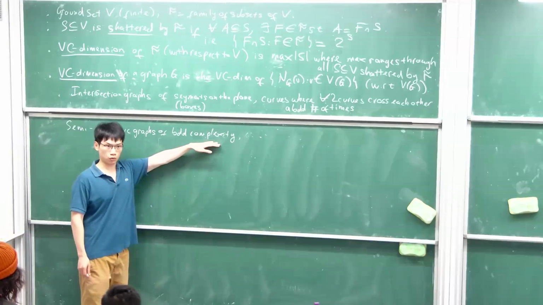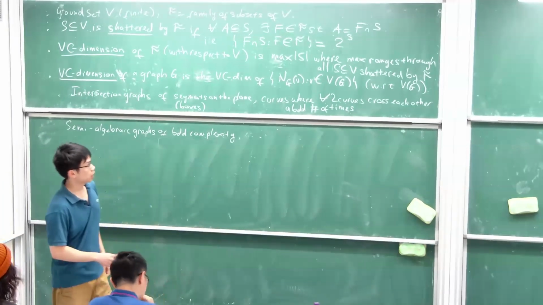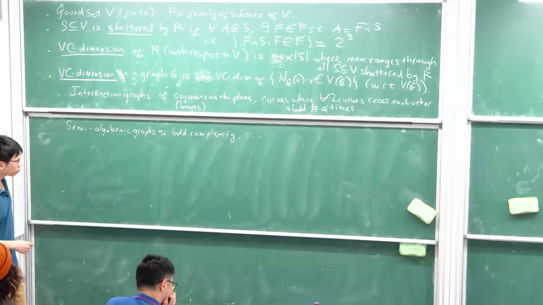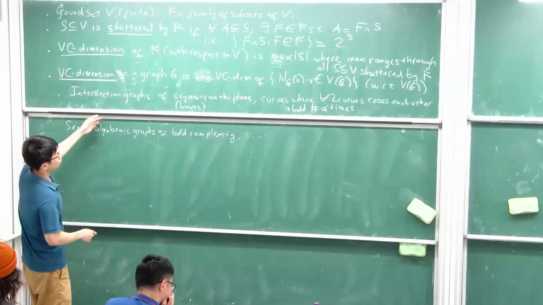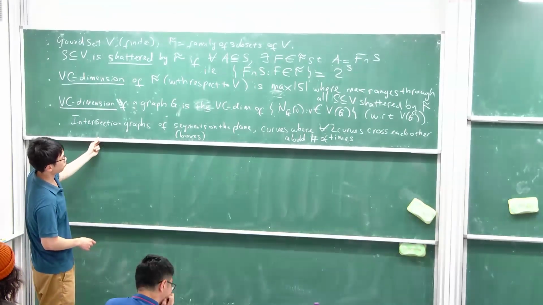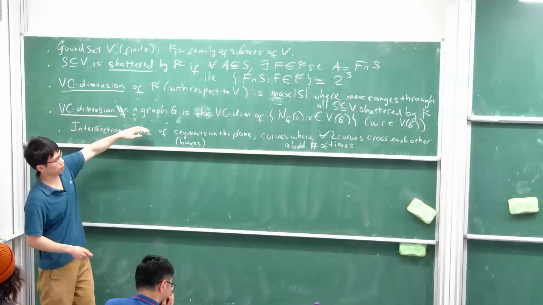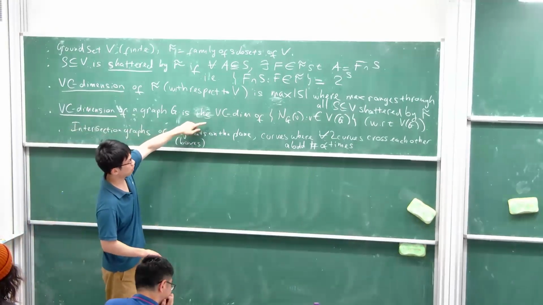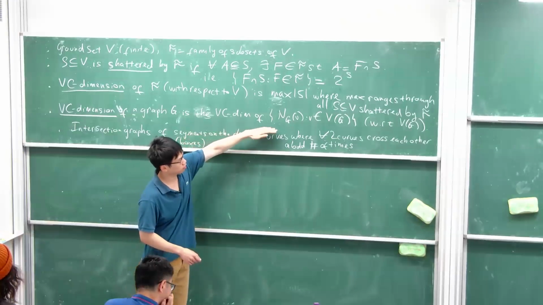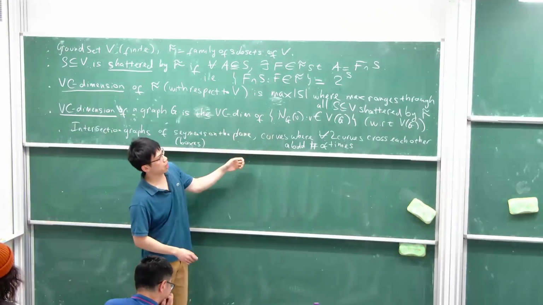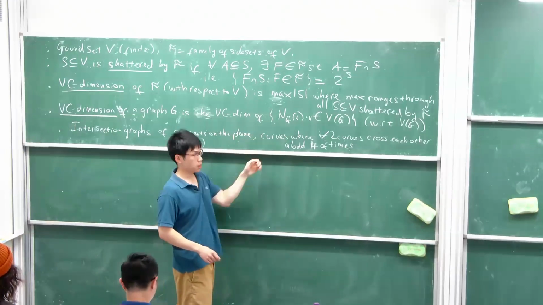Okay, so there are many examples coming from geometry and perhaps algebra. As you can see, the VC dimension of a graph is defined by using the VC dimension of a family of sets, in this case the family of open neighborhoods of vertices of G.